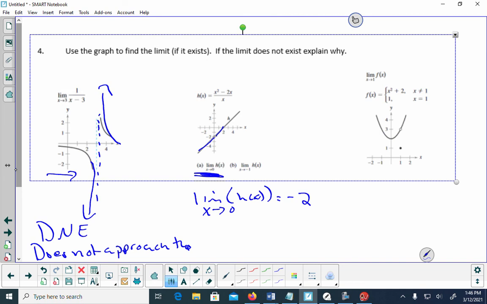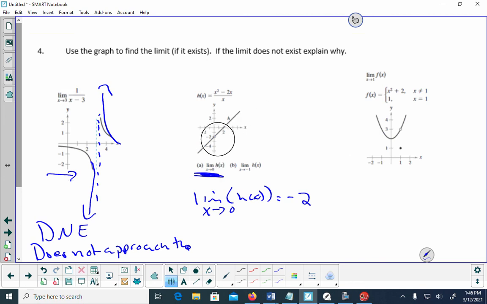And then the next one wants me to find the limit as x approaches -1. So -1 is here. So as I approach here, it looks like that's -3. As I approach from this direction, it also looks like -3, so that's going to be -3.